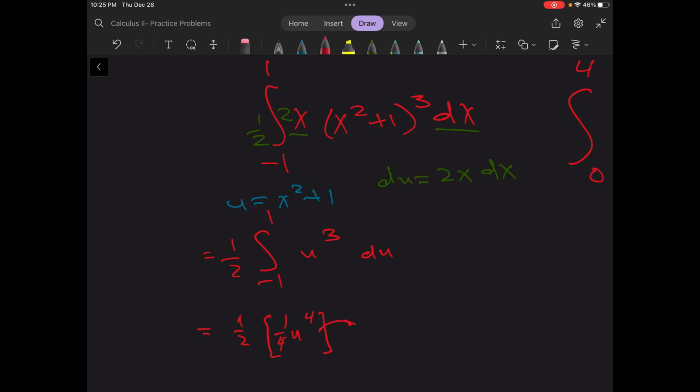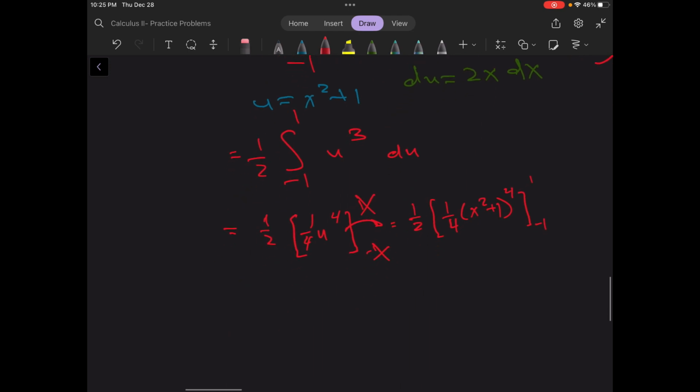Well, first, before we evaluate it at the bounds, let's put it back into our function of x. Because if we just put in our 1 and our negative 1 into the u, we can't do that because those are bounds of x. So let's just plug back in our function of u, which is x squared plus 1, raise it to the 4th power, and now evaluate it at 1 and negative 1.